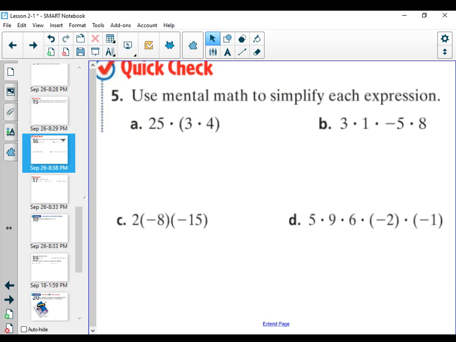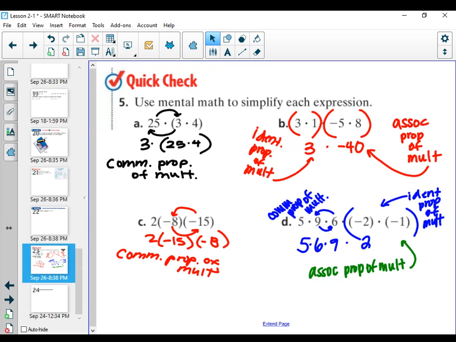There are easier ways to solve all 4 of these problems. Pause the video. See if you can find the easier way. These are my easier way. It doesn't have to be your easier way. We could have something different.